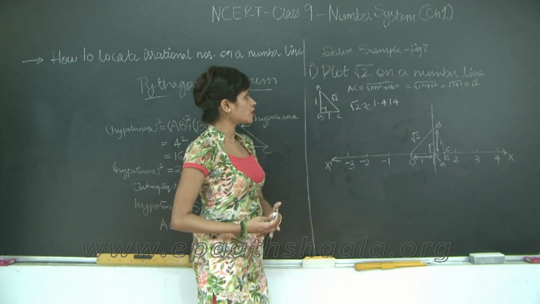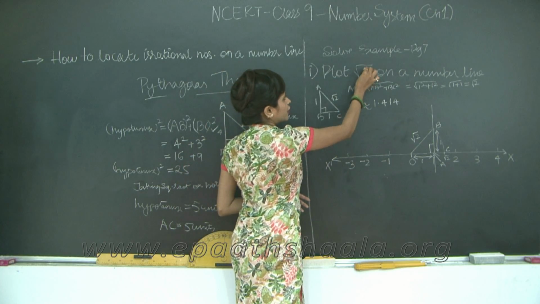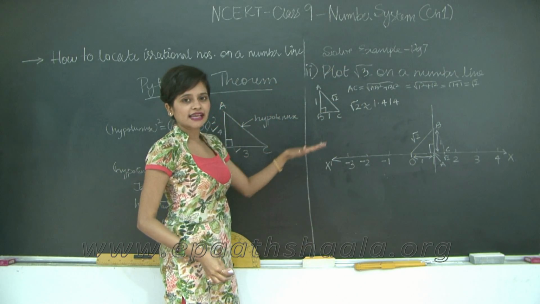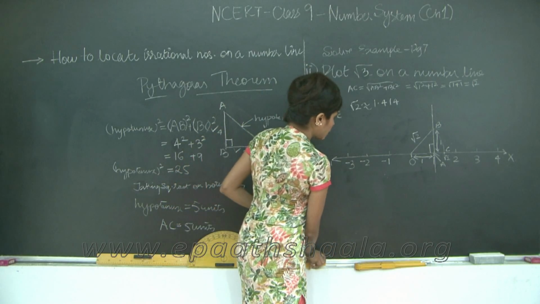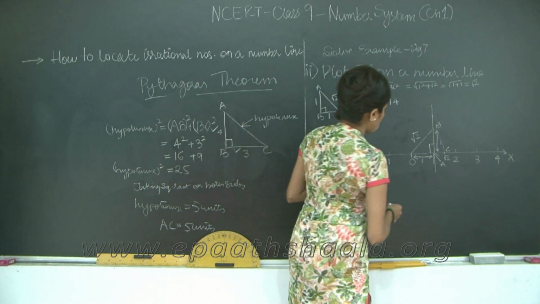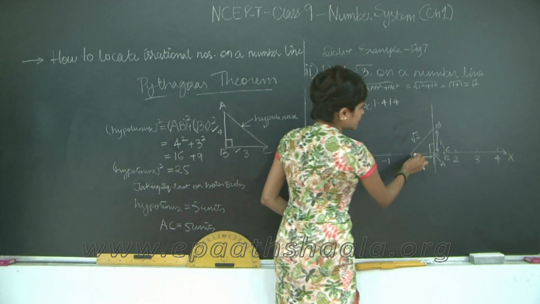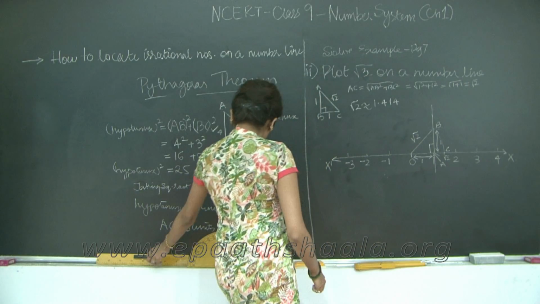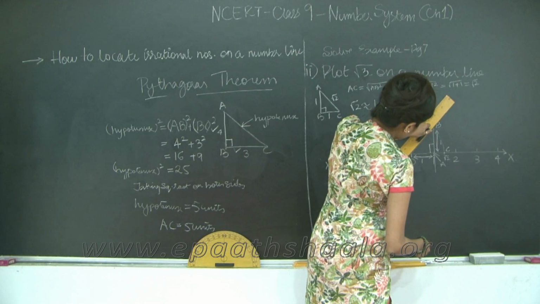Let's go ahead and solve the next example, which is plotting root 3 on your number line. This is the same solved example on page 7. I already have root 2 drawn over here. What I am going to do is just extend this line a little bit, that is OB.